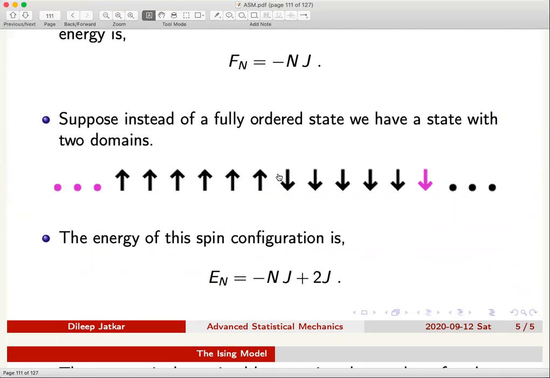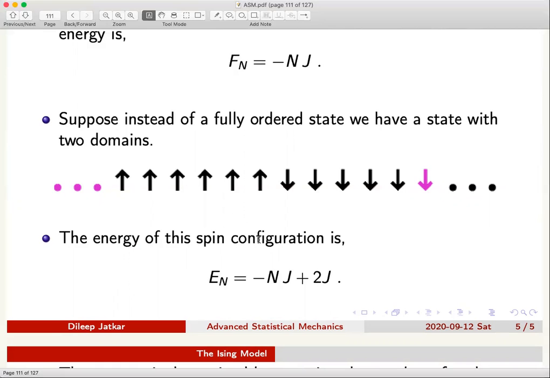Then you would say your interface started like this, went to the left, then went to the right, and so on. But if the domain of all down spins is finite, then this interface would close at some point, like that, and it will cover all the down spins inside that domain, and all the up spins are outside. Now you may have another domain of down spins somewhere else, and it will be separated by another closed curve.